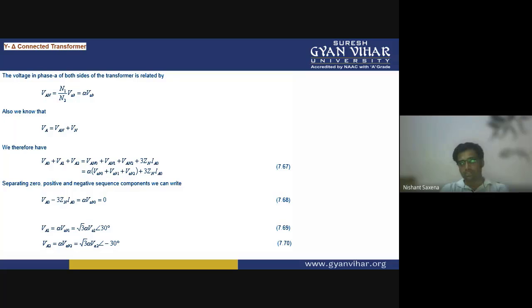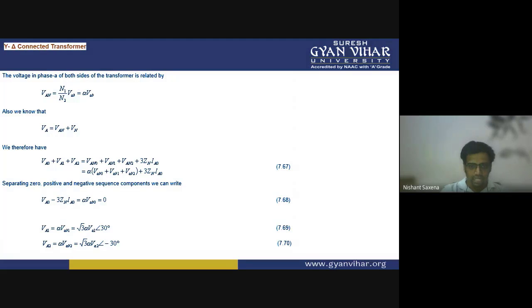Now, from this equation number 7.67, I can say that the sum of the sequence components for phase A at the primary side will be equal to alpha times the positive, negative and zero sequence components of phase A for the secondary side, plus the voltage drop across the neutral, which is equal to 3Zn into IA0. Now, if we separate it as we have done in the previous configuration, I will be getting the positive and negative sequence components for phase A for the primary side.